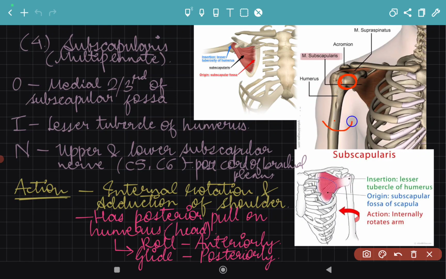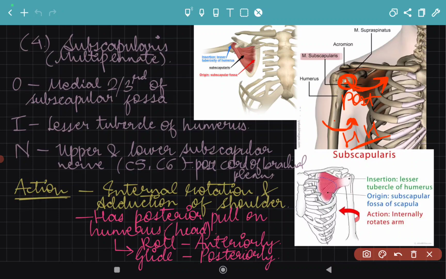So it has the tendency to create an internal rotation force because the insertion is here, and when it pulls, it has this posterior pull because the scapula is tilted this way. You can appreciate how it will cause a posterior pull on the humeral head. And in this way, obviously, the humerus entirely will internally rotate and adduct.